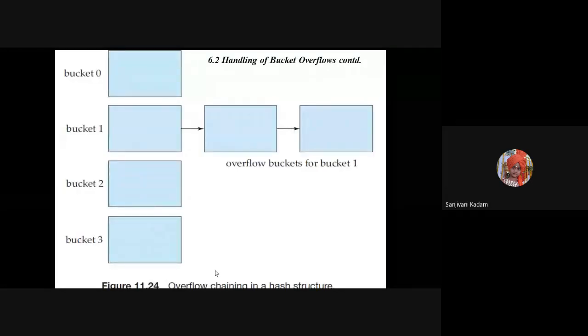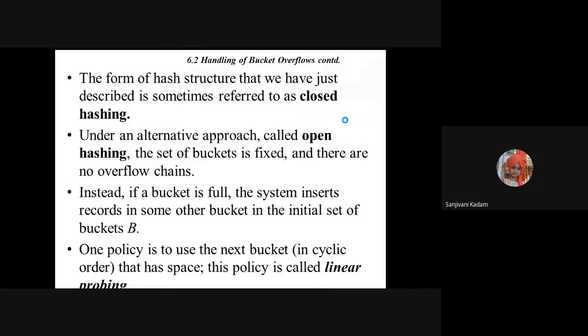This is an example of overflow chaining: this one bucket is full, so to that we can attach another bucket, and if this also overflows, we can assign one more bucket. Again, there are types of hashing: closed and open hashing.